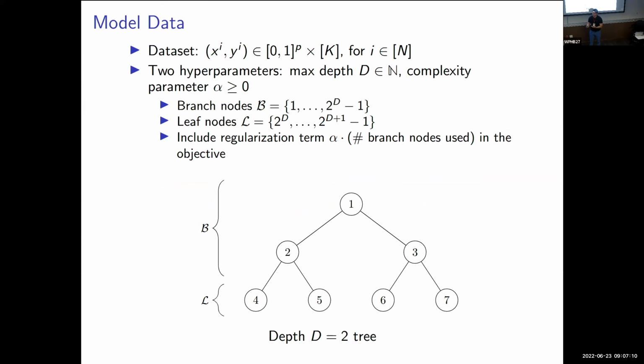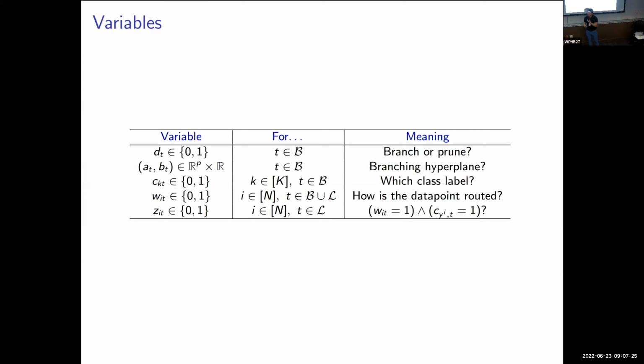If we don't use a branch node to split, we're simply going to send all the data points down the left edge. So for example, if node 3 doesn't apply a split, meaning 3 prunes, we're just going to send every data point to node 6. So d_t indicates whether or not we do this. a_t, b_t: this is the branching hyperplane used at a given node.